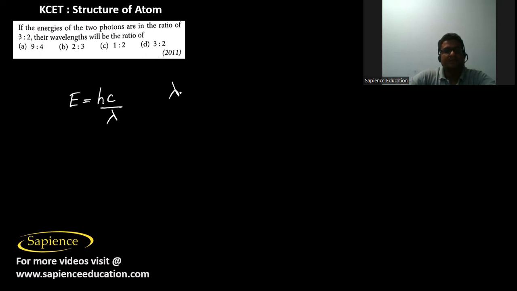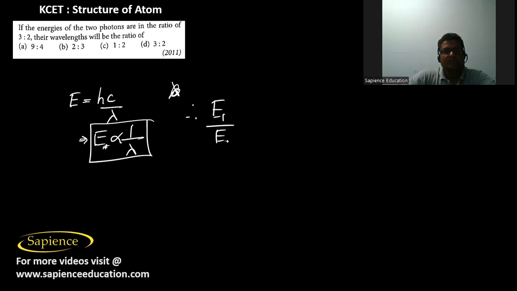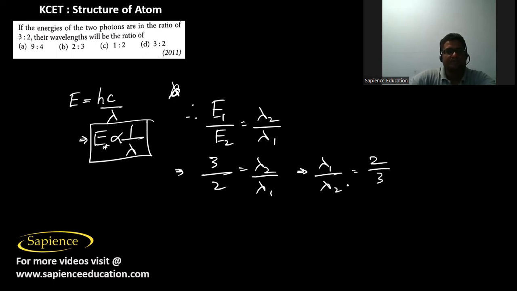From here we can see that E is inversely proportional to the wavelength. So I can say E1 by E2 will be equal to lambda 2 by lambda 1. The energies are in the ratio 3 is to 2, so 3 by 2 equals lambda 2 by lambda 1. Therefore lambda 1 by lambda 2 will be equal to 2 is to 3. So option B is the correct answer.